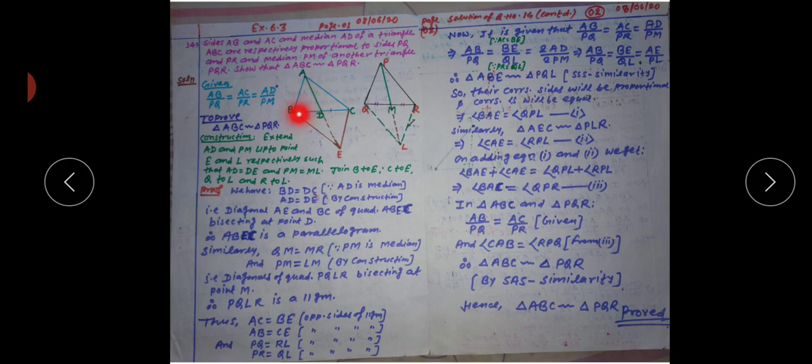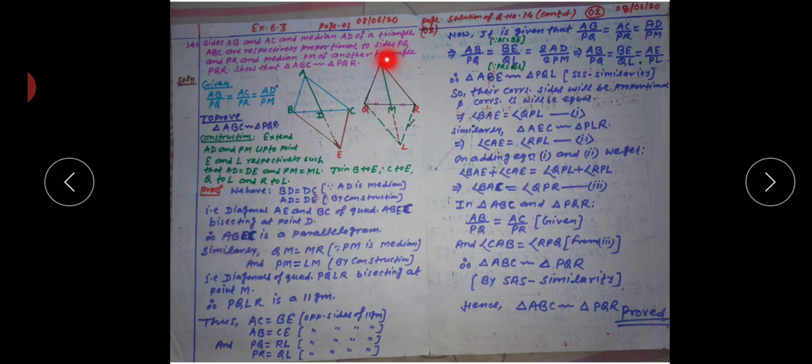That means the diagonals BC and AE are bisecting each other at point D. And we know that if the diagonals of a quadrilateral bisect each other, then it will be a parallelogram, because the property of a parallelogram is that its diagonals bisect each other. This implies that ABEC is a parallelogram.